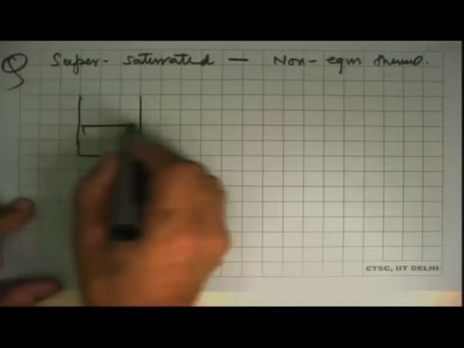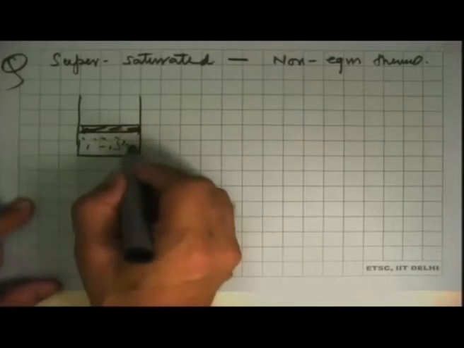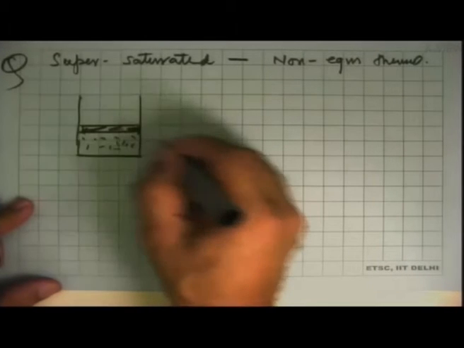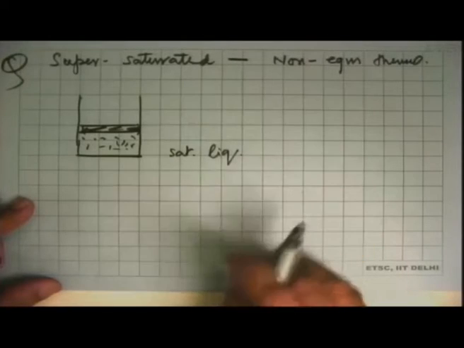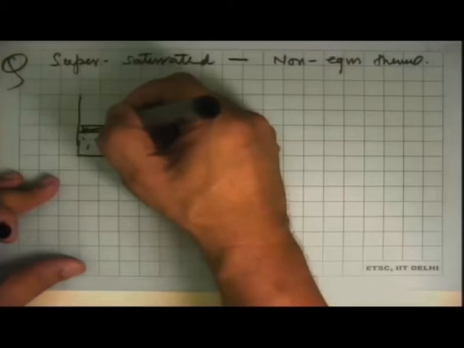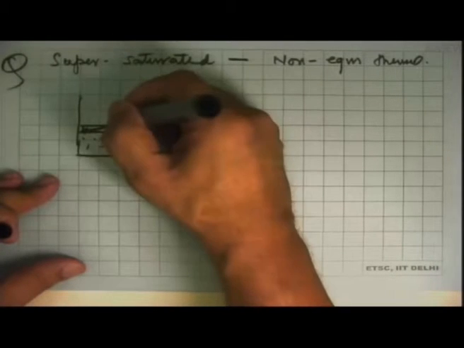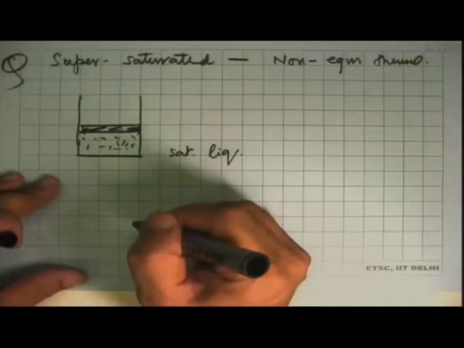What we said is that if we take a cylinder piston arrangement and we have a substance there which is, say, a saturated liquid, throughout this discussion we have said that as soon as we give some energy to this, at constant pressure it moves up, immediately some vapor is formed.